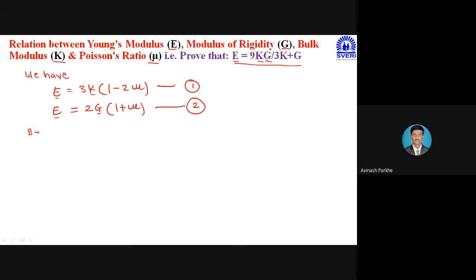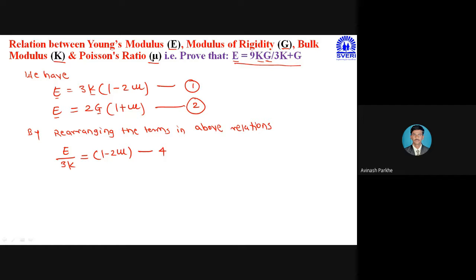Now let us see by rearranging the terms in the above relations. So from equation 1, whatever the 3K is present at the right side, I will take to the left side. So it becomes E divided by 3K is equal to 1 minus 2 mu.